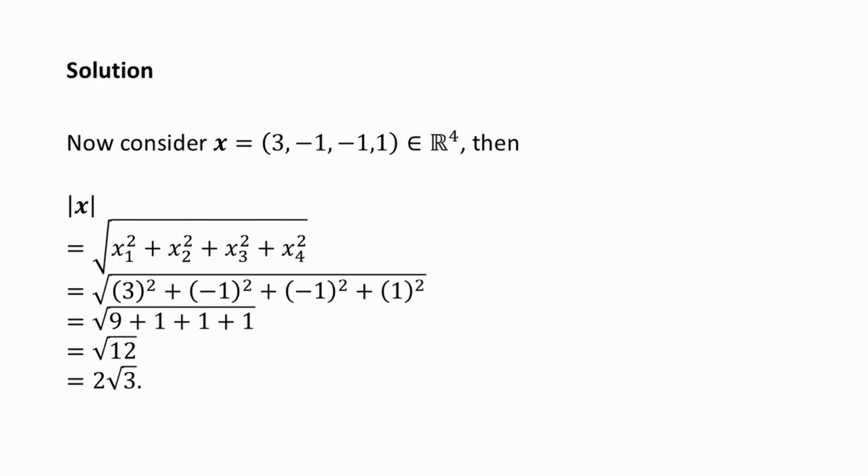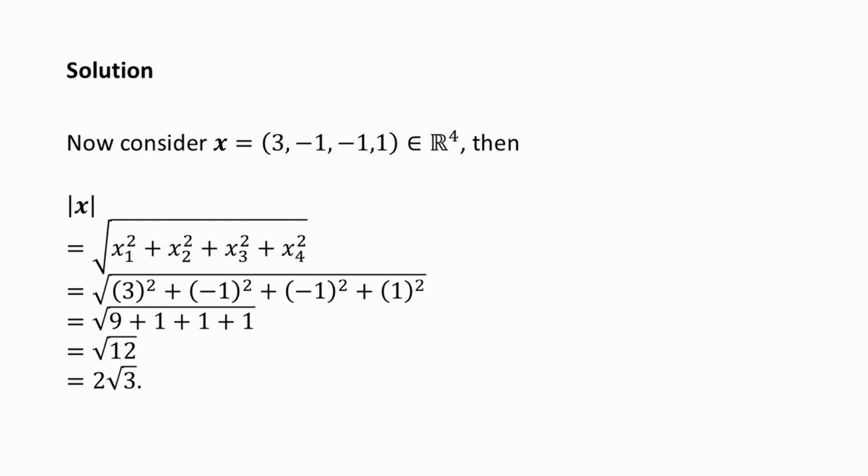So with that definition of norms, now consider x equals (3, -1, -1, 1), which is an element of R^4. Then the norm of x equals the square root of x1 squared plus x2 squared plus x3 squared plus x4 squared. We can substitute the first, second, third, and fourth elements of x into x1, x2, x3, x4.